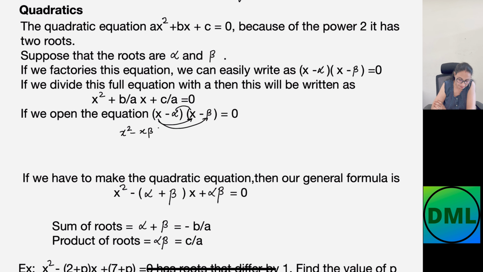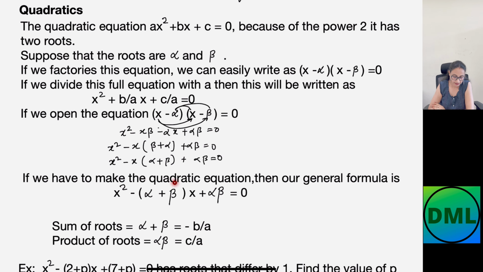Alpha will be multiplied by both the terms, so this will be minus alpha x plus alpha beta equal to 0. If I take out minus x as a common factor, this will be x squared minus x times alpha plus beta, plus alpha beta equal to 0.